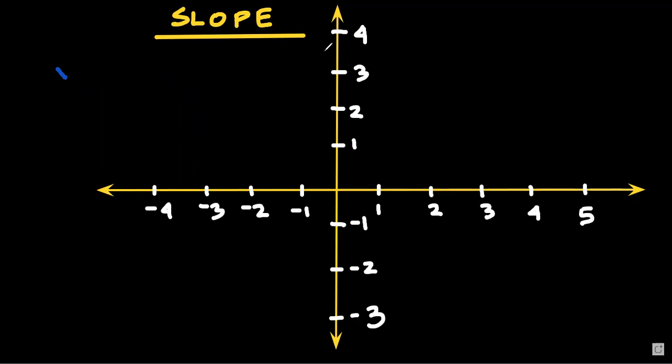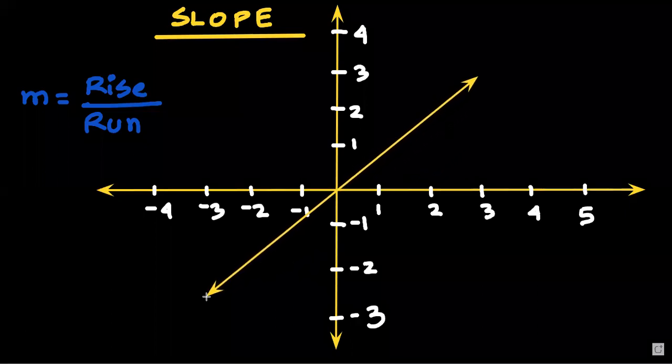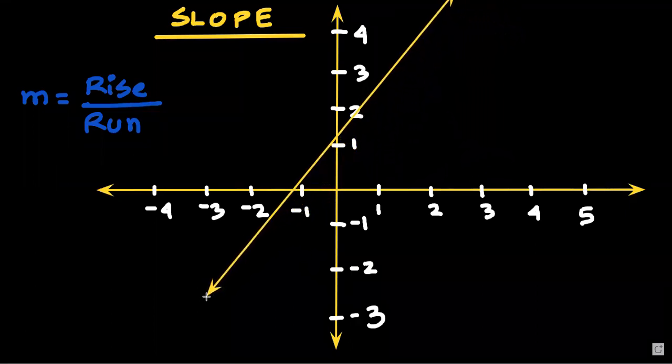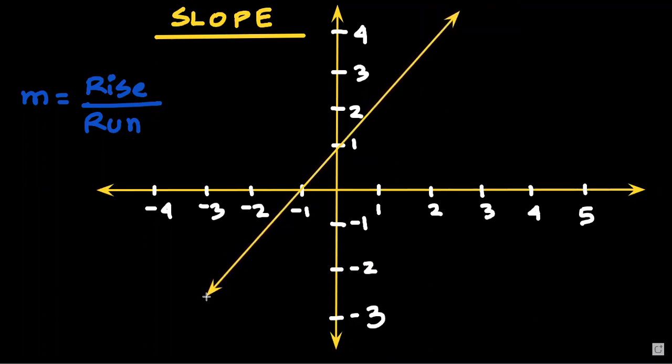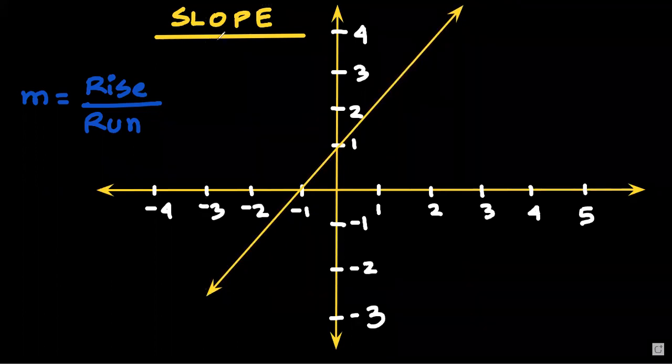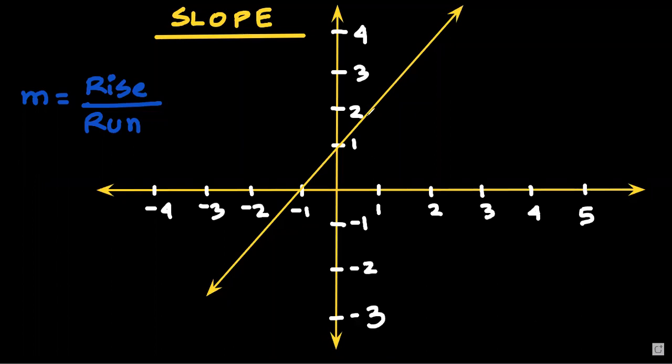The slope m denotes rise over run. So I'm drawing a linear curve like this. On this curve, I'm taking 2 points, suppose this point and this point.